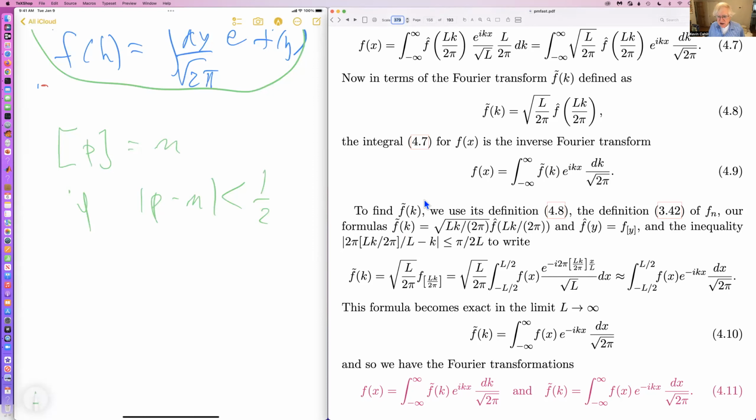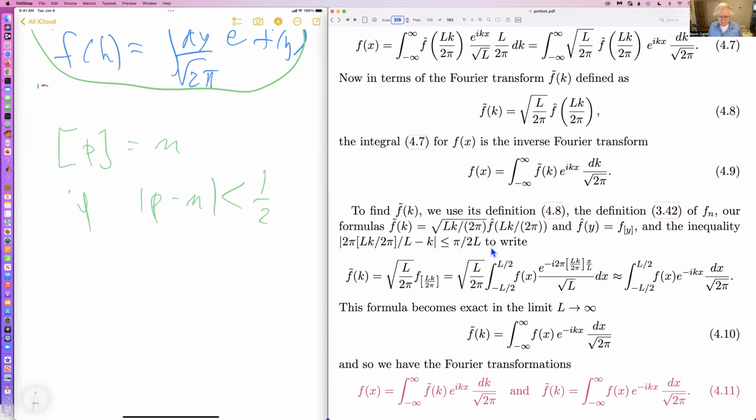So to find f tilde of k, we have to go backwards, and we say, well, f tilde of k has to be this, and f hat of y is f of the nearest integer to y. And remember that we have this inequality, which, now that I think about it, is a little bit confusing here.